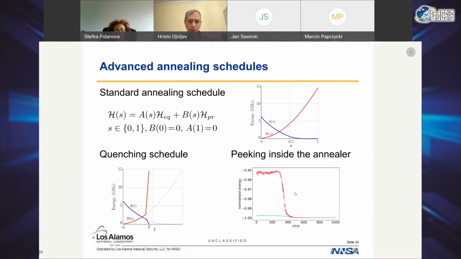How to mix them, we do by multiplying them by time-dependent functions A and B. And actually in the top right figure, we can see the functions A and B as used by D-Wave. And so the essential thing is that B is 0 in the beginning, and at the end, A becomes 0.